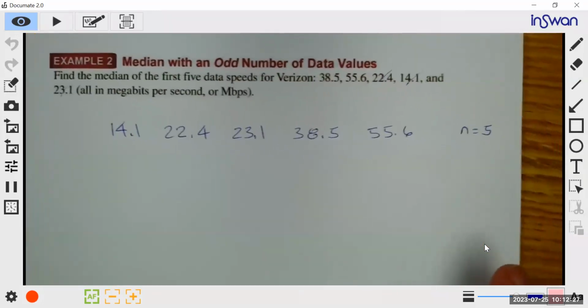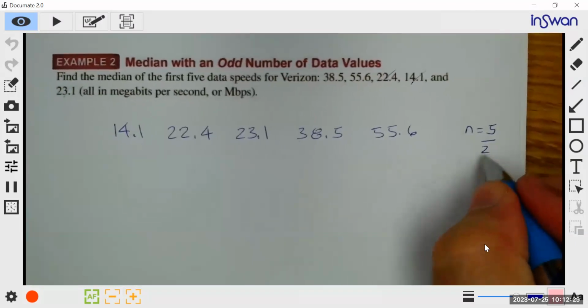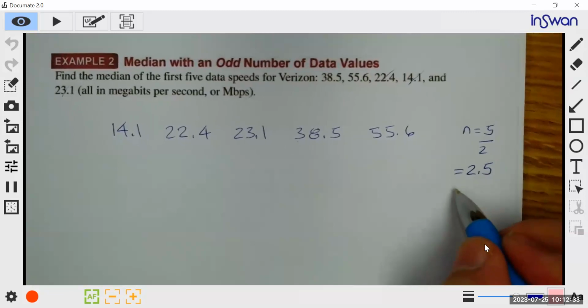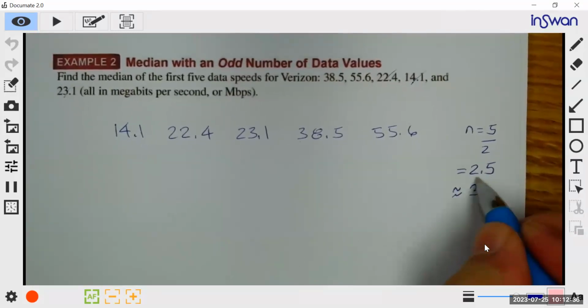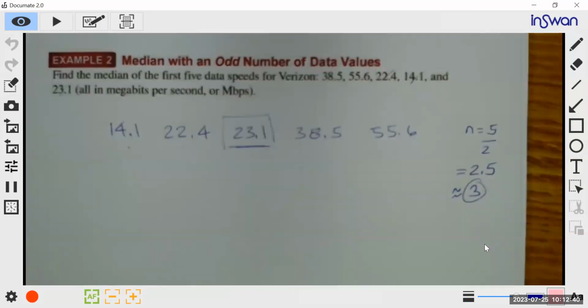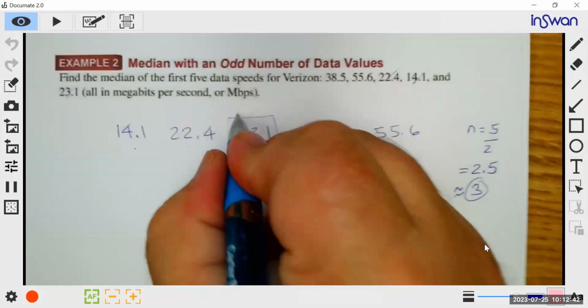We have 5 pieces of data. Divide that by 2, we get 2.5. It's 2.5, so we round it up to your third location. There's your median. That's your middle number.